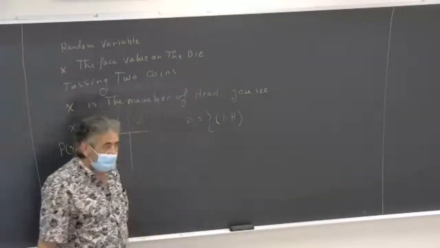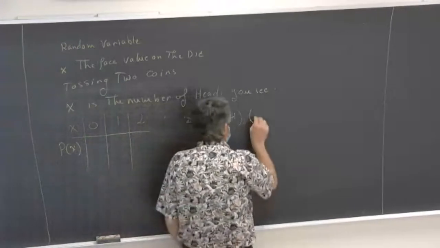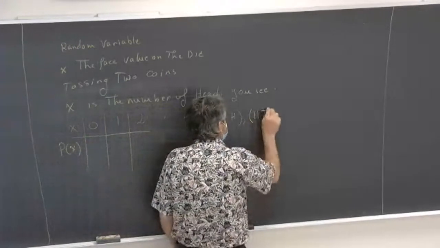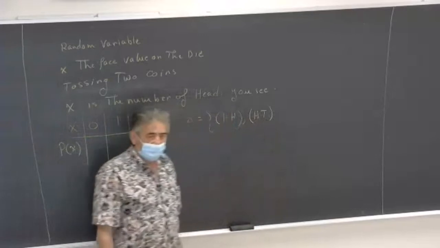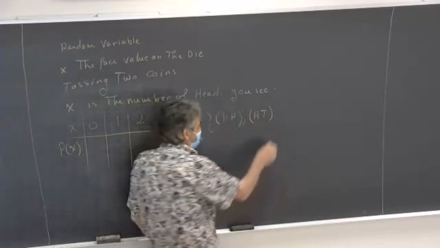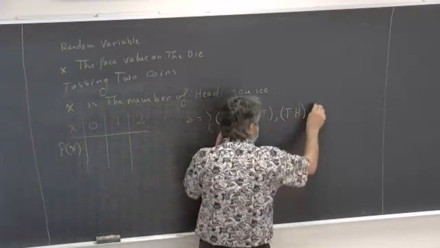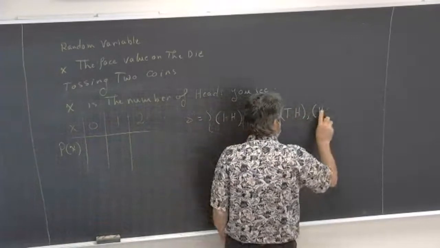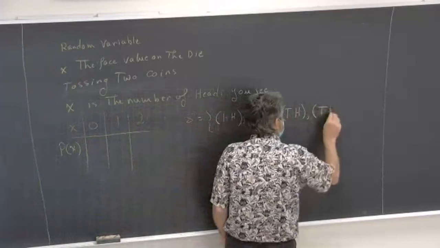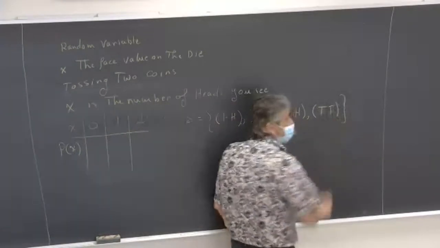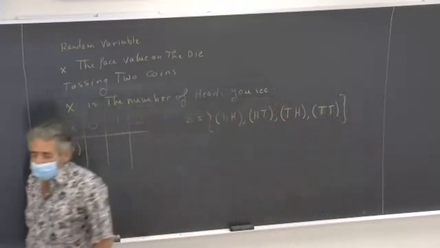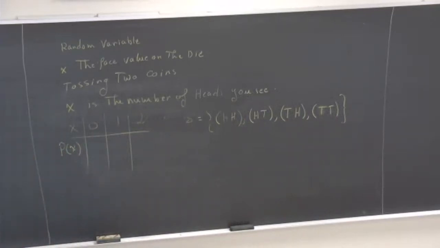Or the first coin is a head and the second is a tail. Or we could also have tail and a head, or 2 tails. So the possible outcomes for that sample space is 4. That's all the possible outcomes we could have.